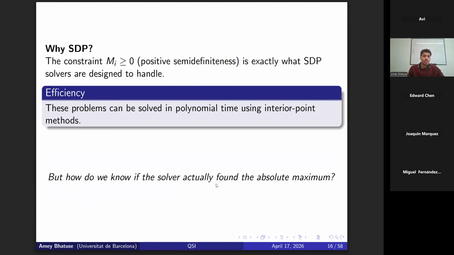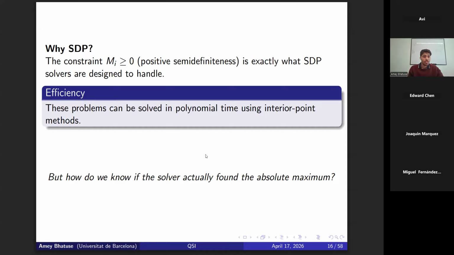Now, why are we using this? Why SDPs? Semi-definite programming is essentially built for these kinds of problems where your variables are positive semi-definite. Also, there's a lot of literature on solving SDPs using interior point methods or iterative algorithms.